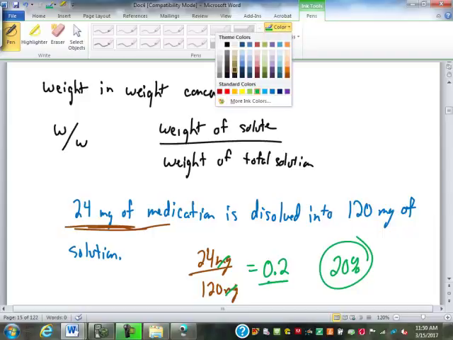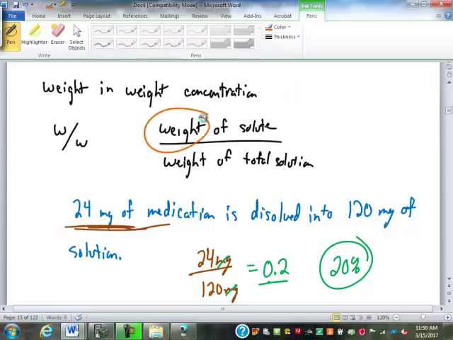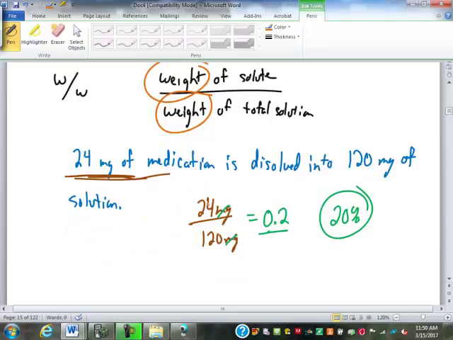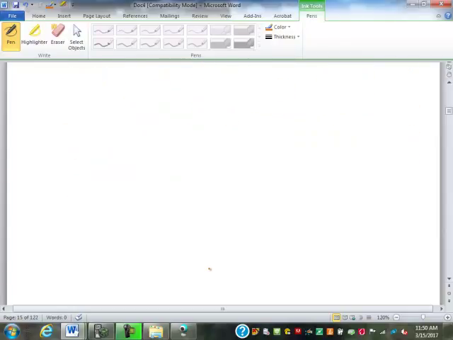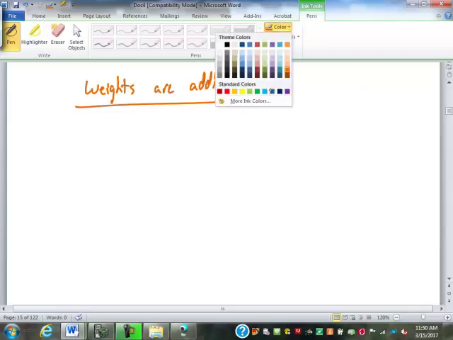Now the nice thing about weights when we are dealing with these items, and by the way, you may have noticed milligrams are a unit of mass, not weight, but we still refer to it as a weight in weight solution, is that weights are additive. What do I mean by that?